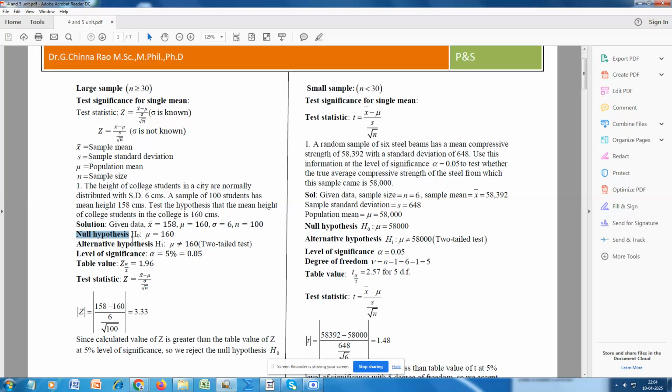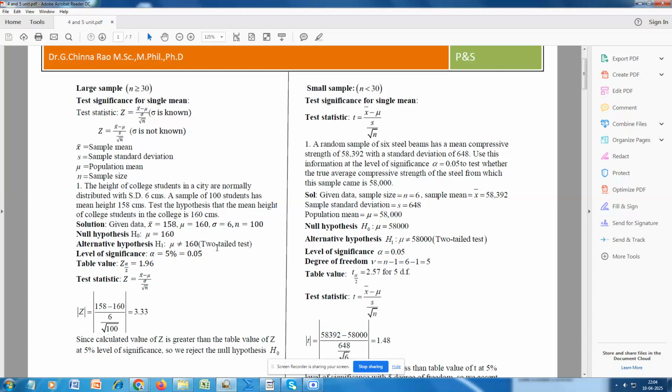The null hypothesis is denoted by H naught, which is mu equal to 160. The alternate hypothesis is denoted by H1, and it is the complement of the null hypothesis, which is mu not equal to 160.